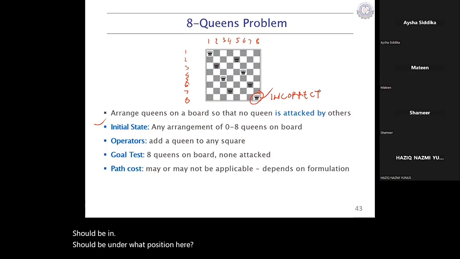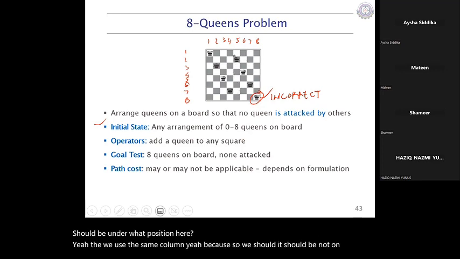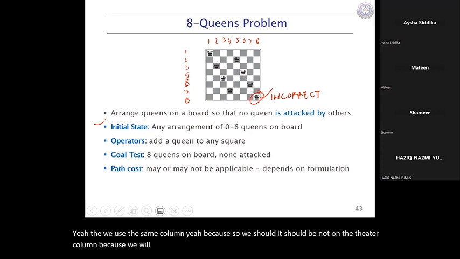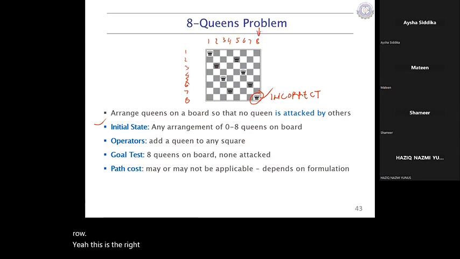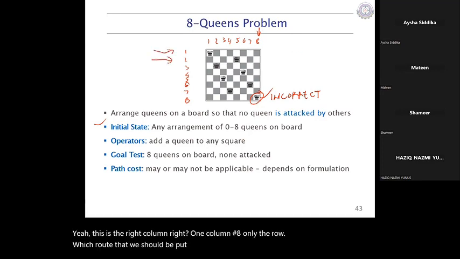We use the same column, because it should not be on another column, or we will again have another queen. So this is the right column, column number 8, only the row. So which row should we put it in? The first row, second row, third row.